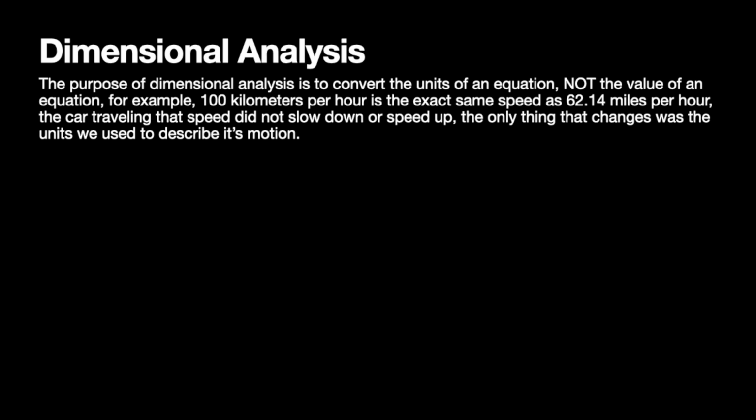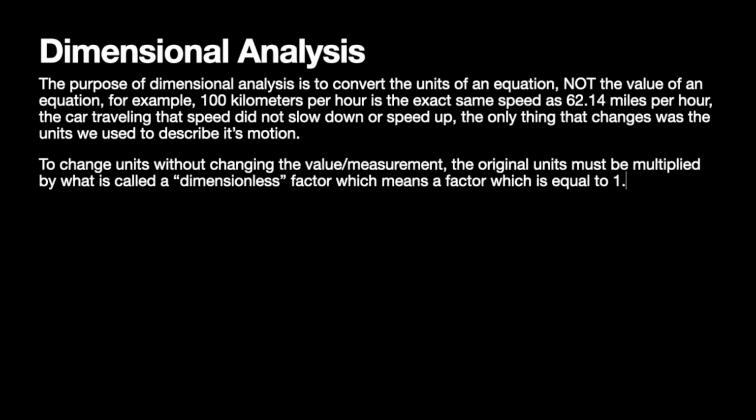The only thing that changed was the unit that we use to describe its motion. To change units without changing the value or measurement, the original units must be multiplied by what is called a dimensionless factor, which means a factor which is equal to 1.